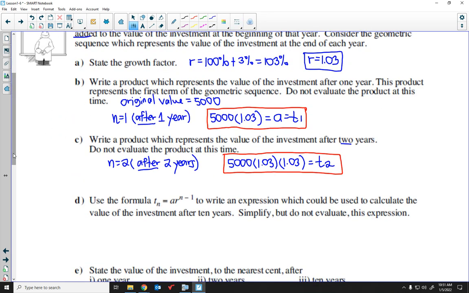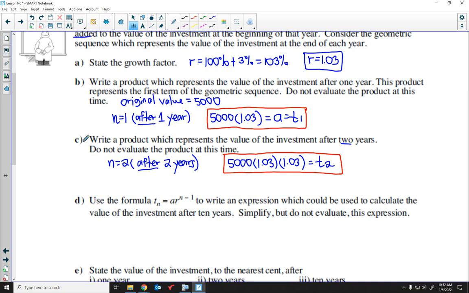D says use the formula T of n, or my general formula for a geometric sequence, to write an expression which could be used to calculate the value after 10 years. Simplify, but do not evaluate this expression. Okay, so let's see here.